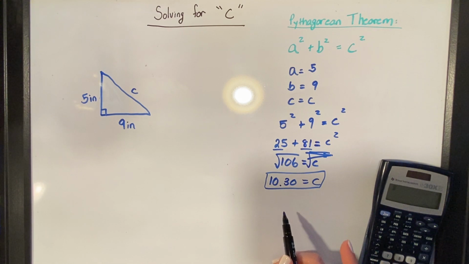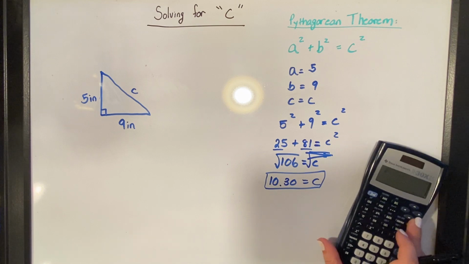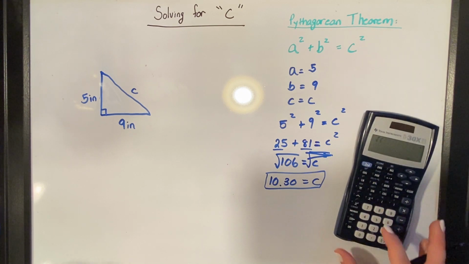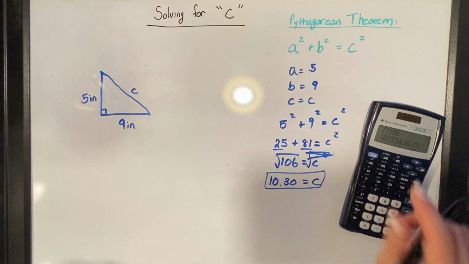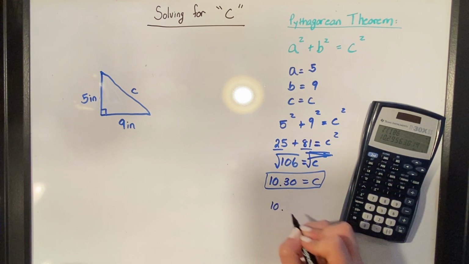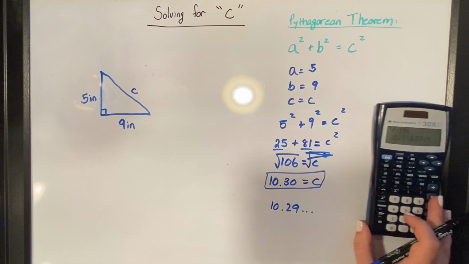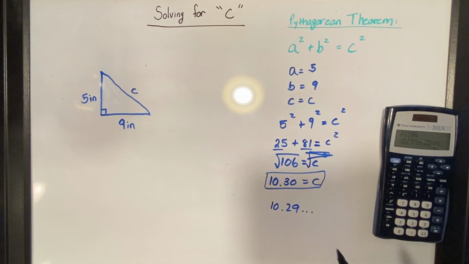If you're really desperate and not quite sure how to do this, let's take the square root of 106 again, because I don't want this to mess you up. You could just write 10.29 dot dot dot, so I know you had difficulty with your rounding, okay, approximately.